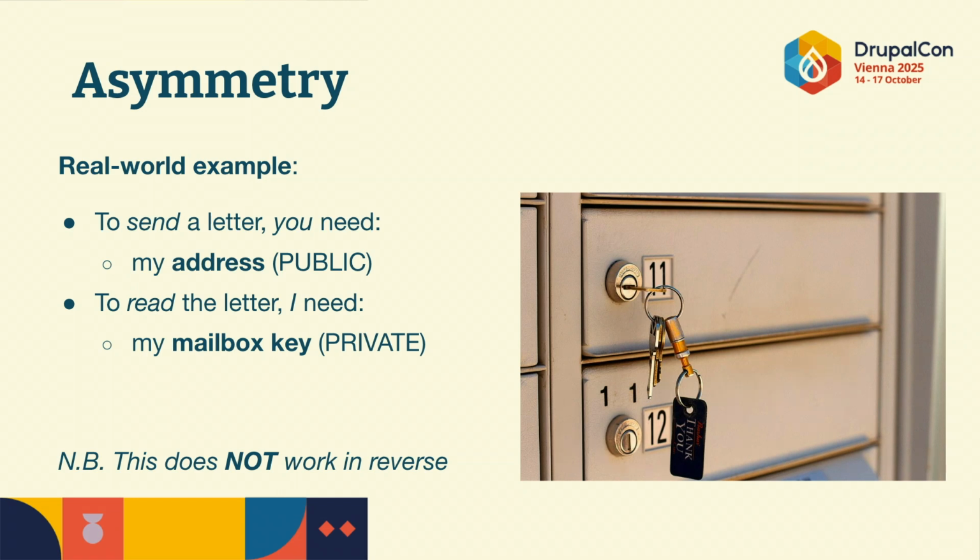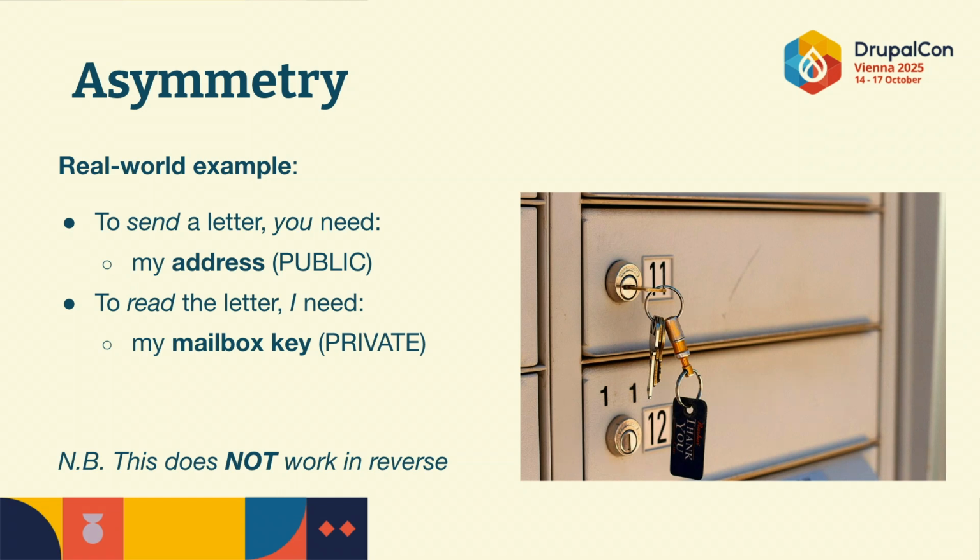So the main thing about public key cryptography is what's referred to as asymmetry. A real-world example of this is if you want to send me a letter, all you need is my address. That's a piece of public information, right? It'll be posted online, in a phone book, wherever you might find it. For me to get access to that letter you sent me, I need a private piece of information.